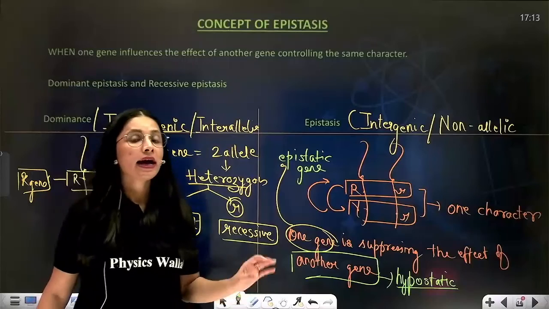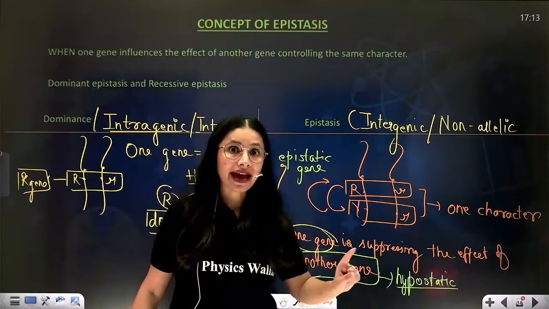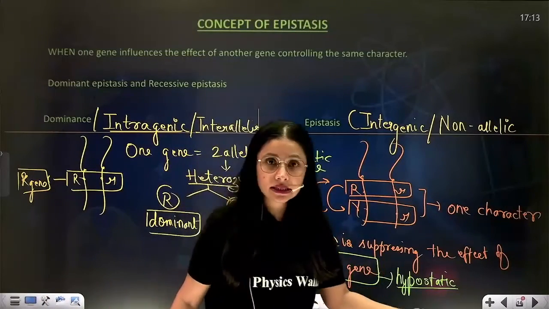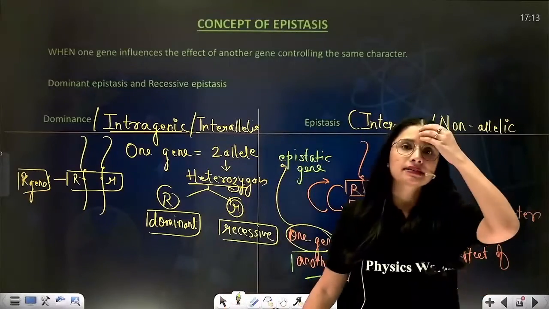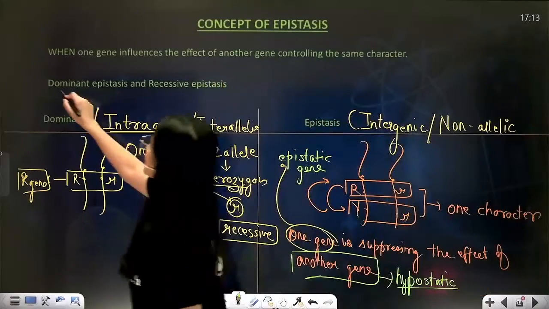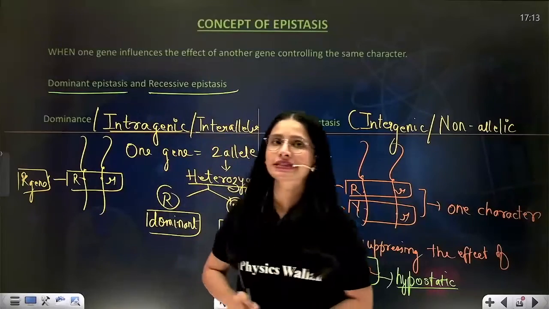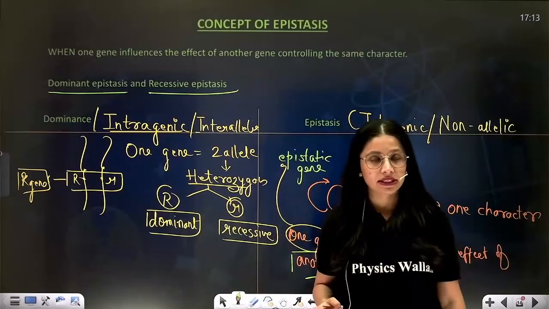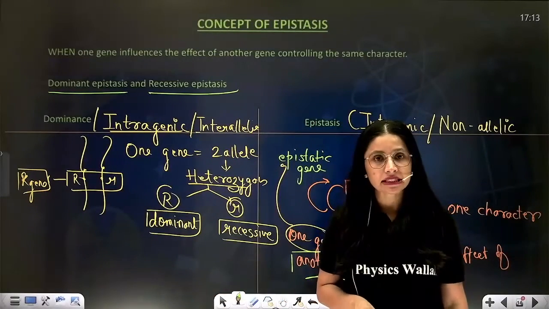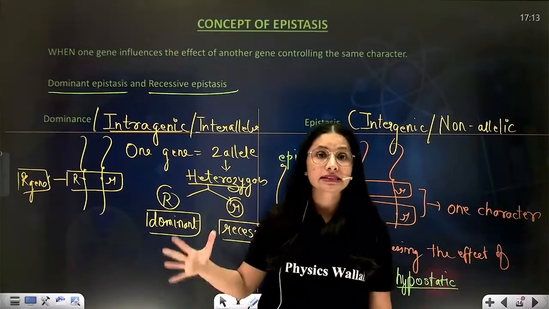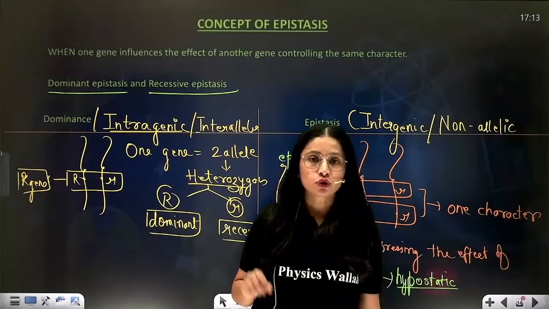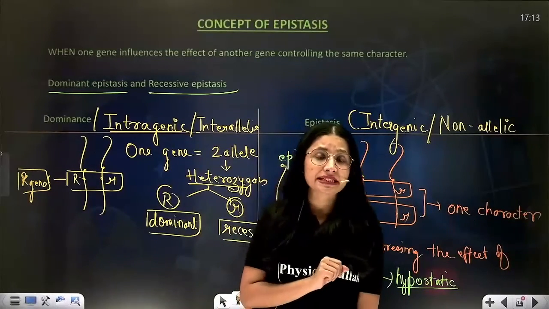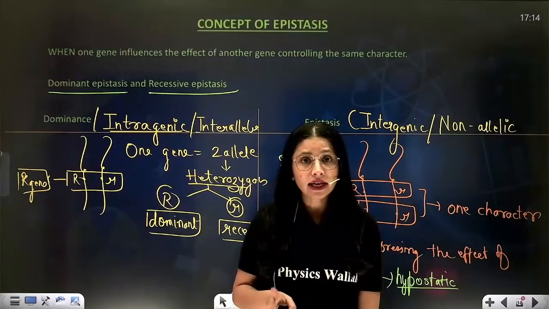Now beta, the epistatic gene can be present either in dominant state or in recessive state. On that basis, we have two types of epistasis, dominant epistasis and recessive epistasis. So on the basis of the nature of the epistatic gene, we have two types.